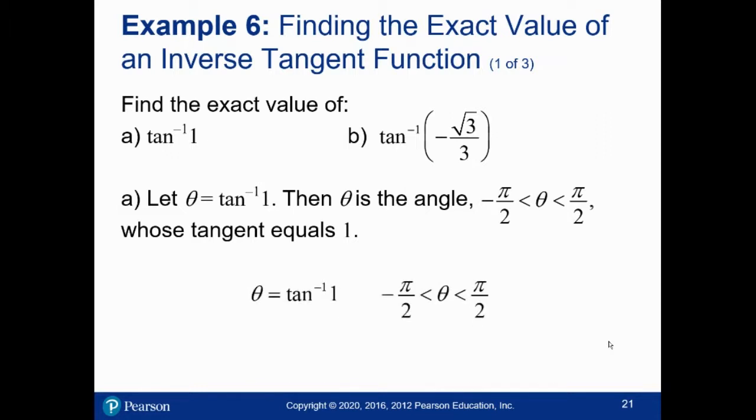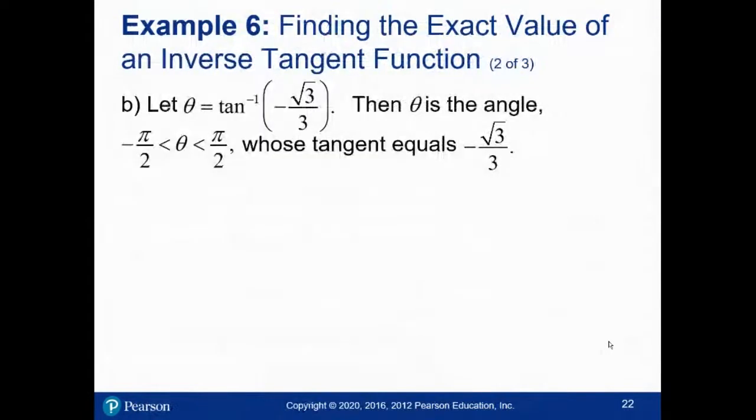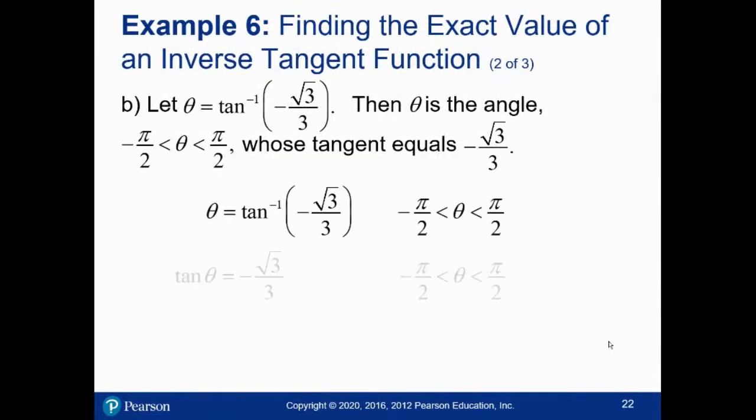Okay, so continuing, we're looking for an angle whose tangent is 1, but specifically the angle is in quadrant 4 or quadrant 1. And for part B, similarly, we're looking for an angle whose tangent is negative root 3 over 3, but specifically an angle in between negative pi over 2 and positive pi over 2, aka quadrant 4 or quadrant 1.